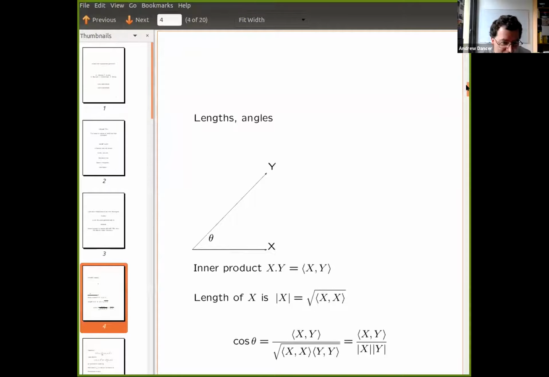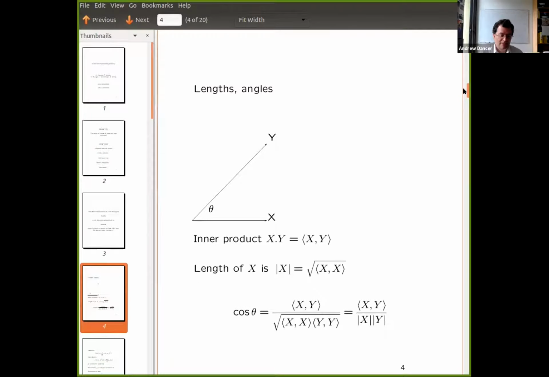And in fact, we can get a sense of what's going on just by going back to high school and looking at some elementary concepts from Euclidean geometry. Because what do we have in high school geometry? It could be dimension 3, but this also makes sense in higher dimensions, of course.